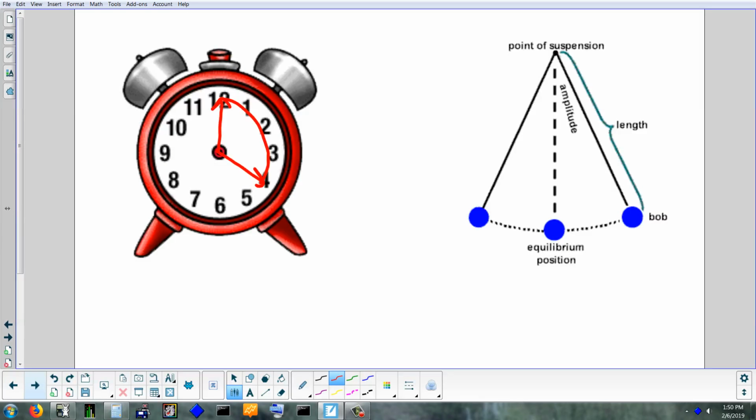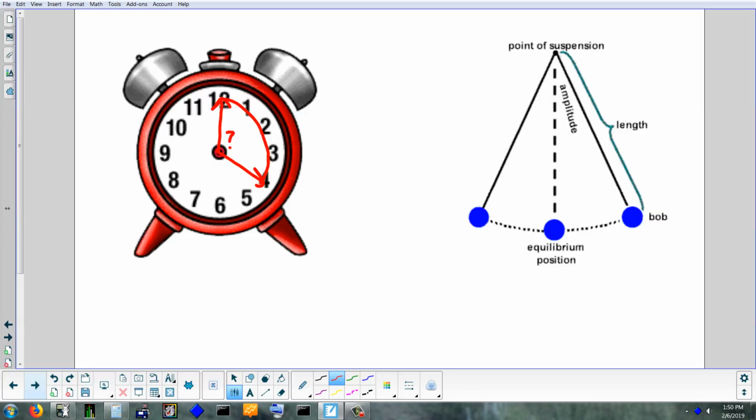So when they ask how far the tip of the minute hand moves, it's an arc problem. Well, what would your radius be? The length of the hand. If you're looking at the clock, the length of the hand is the radius. So they'll tell you that. Maybe it's 4 inches. But now you need the angle.